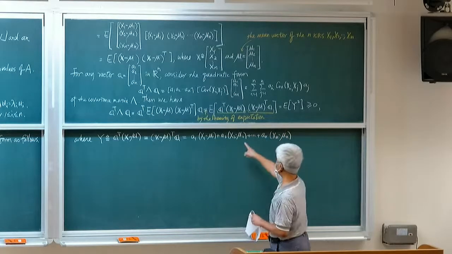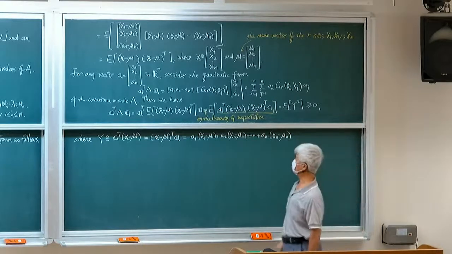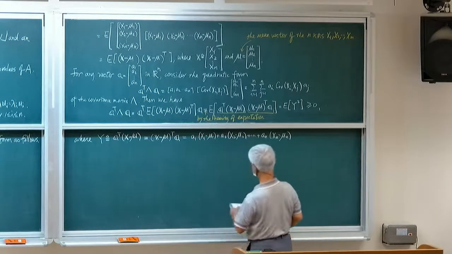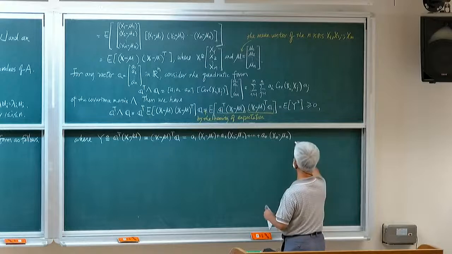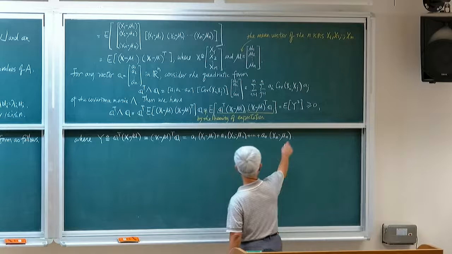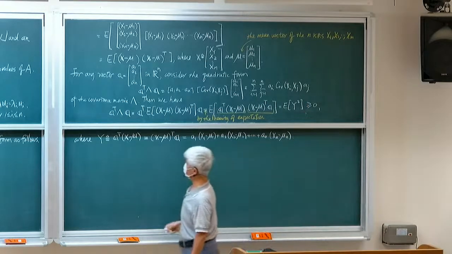So y is actually this linear combination of the x_i minus mu_i. Now look at here. Equality holds.